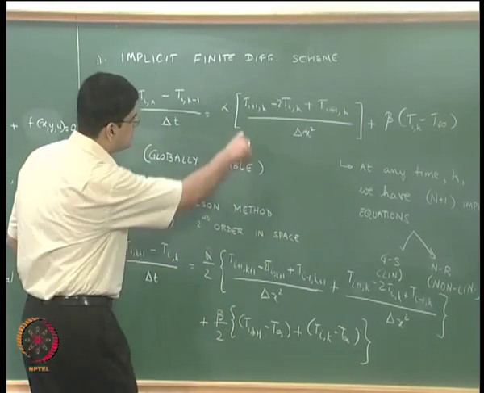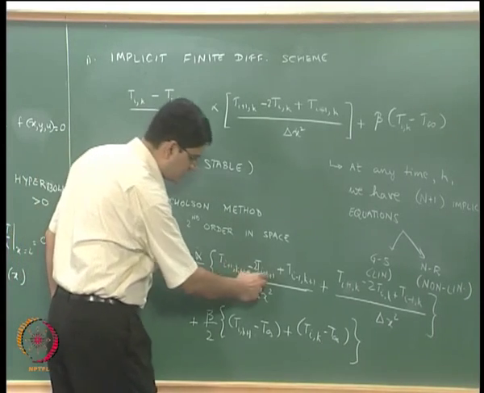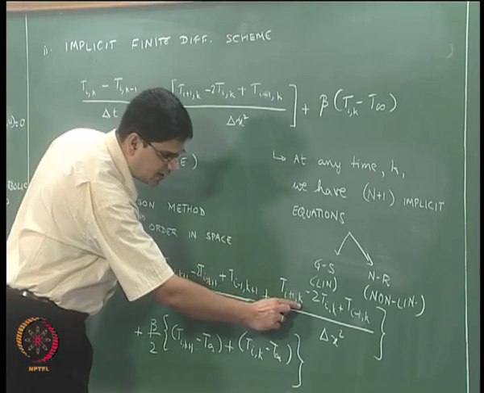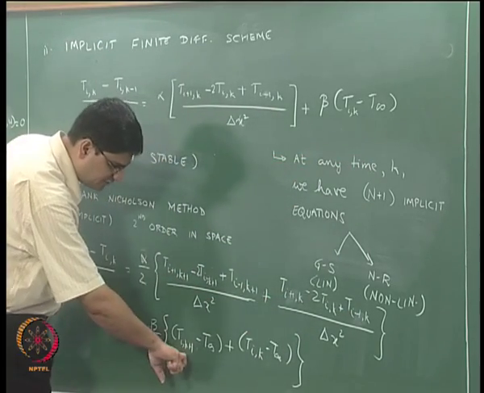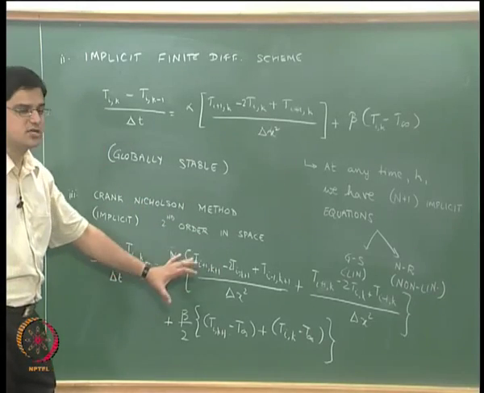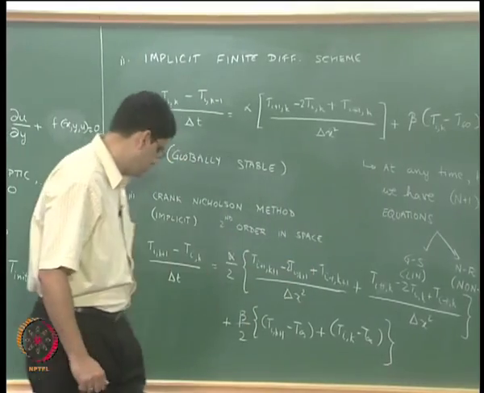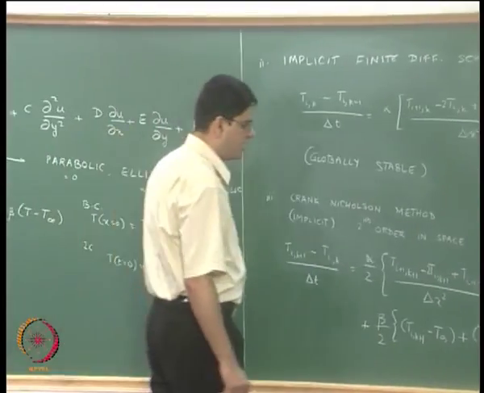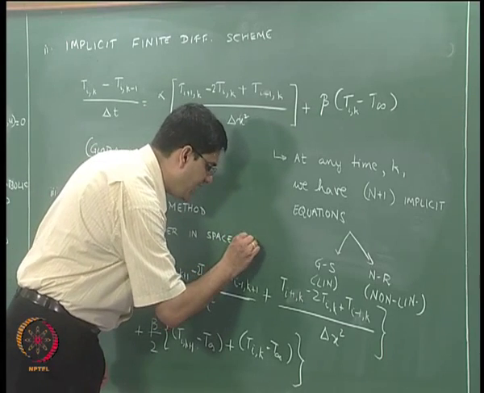So for example, this particular term is written as an average of that term computed at k plus 1 and time k. Likewise, for this term we have an average computed at k plus 1 and time k. Okay, and this overall method is going to lead us to a second order accurate method in not just space. The method was second order accurate in space. This is second order accurate in both space and time.